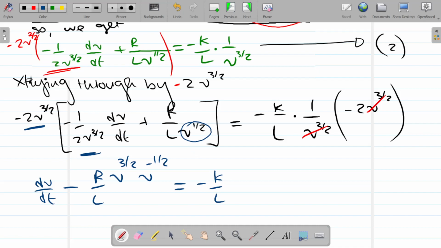oh, and we've actually got a plus term there, haven't we? Because what we've got is this minus term times this minus term, which is just plus. So we don't need to write the plus in. We've got a factor of 2 times k over L. So we've got that. Now we will call this equation 3.